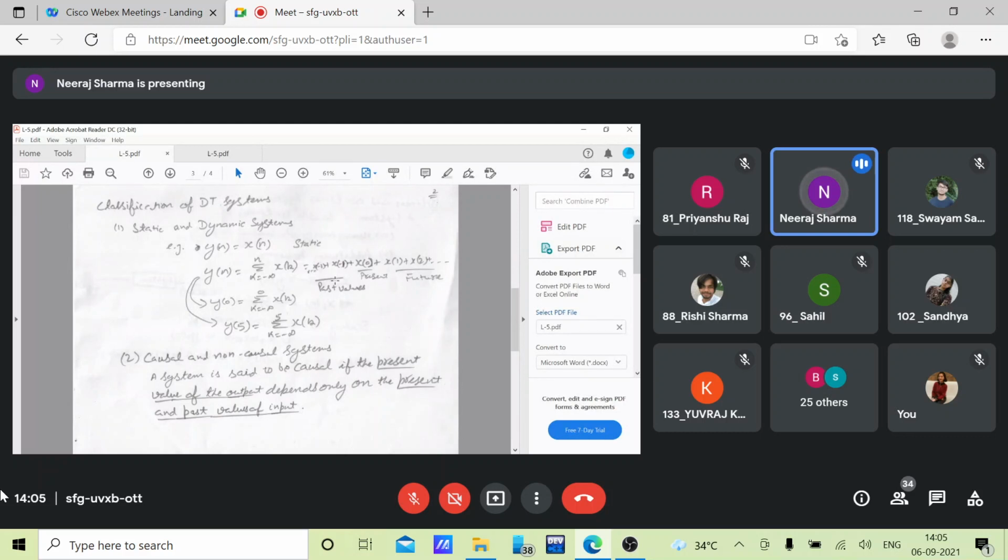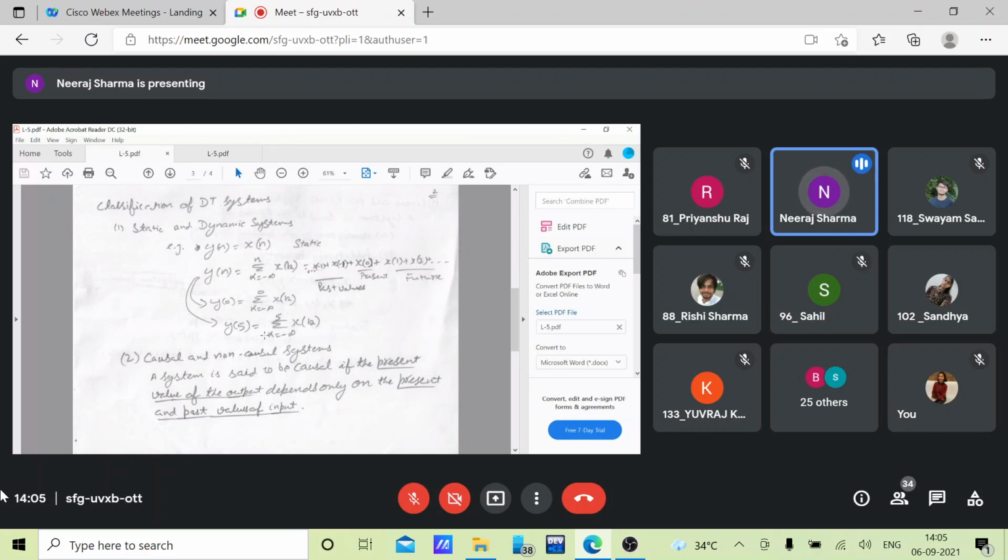But if we have a system which depends upon the present as well as past values, then we can say that system is a dynamic system. For example, if you have any system, say y of n, which is dependent upon past values, for example y5 is equal to the sum of x of k for k from minus infinity to 5.